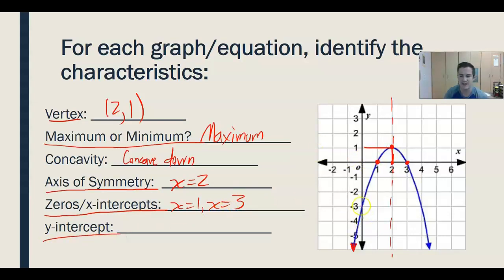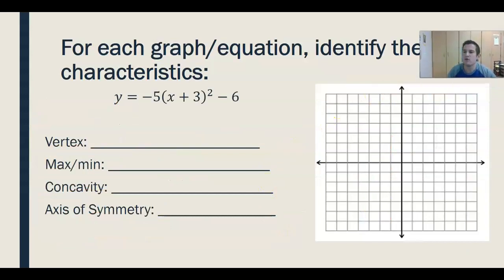My y-intercept is right down over here where I cross the y-axis, or where x is equal to 0. My y-intercept is y equals negative 3. So those are some of the characteristics of this quadratic graph. There will be a problem like this on your homework where there's a graph like this and they want you to identify these different characteristics. Okay.